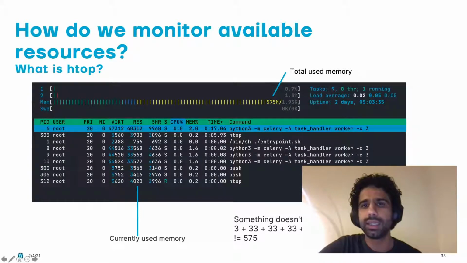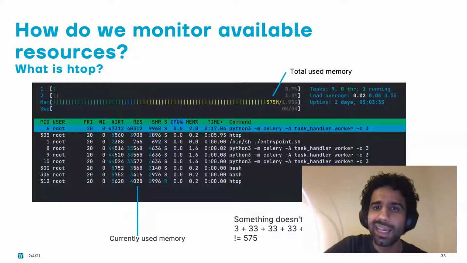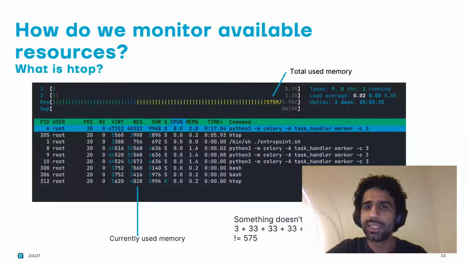We're seeing that the used memory is 575 megabytes, but if we actually count the reserved memory for all the processes, it's not 575. And if we remember, we just looked at the dashboard for DigitalOcean, we saw that the nodes that we got have a total of 2 gigabytes of memory.